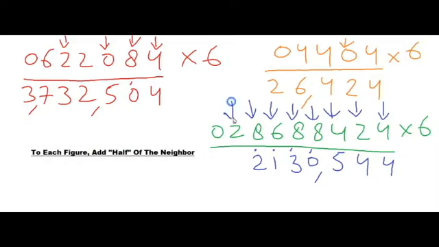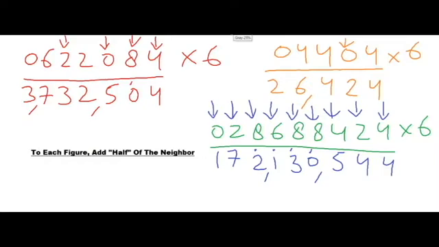Now this 2 plus half of neighbor is 4, so 2 plus 4 is 6, plus this dot will make it 7. Now this 0 is our figure, half of neighbor is 1, 0 plus 1 is 1, and we got 172,130,544.